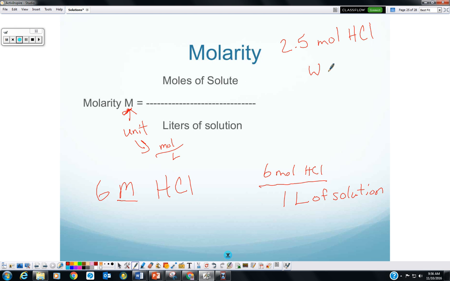All right. So what would be the molarity of 2.5 moles of HCl dissolved in 500 milliliters of water?